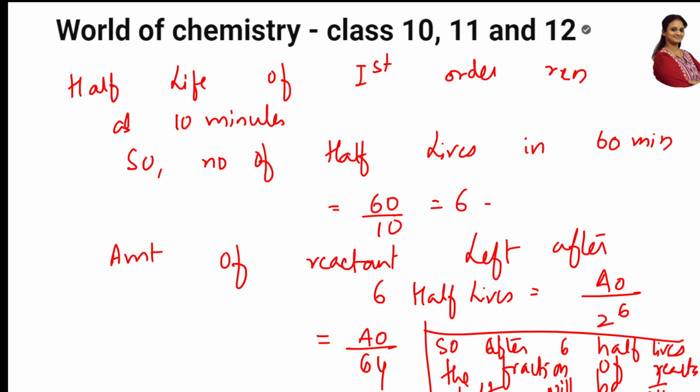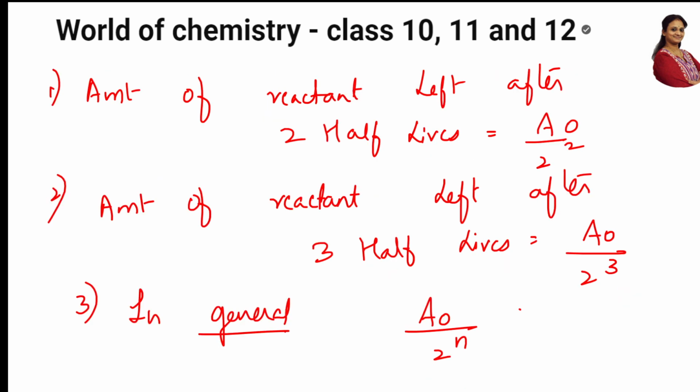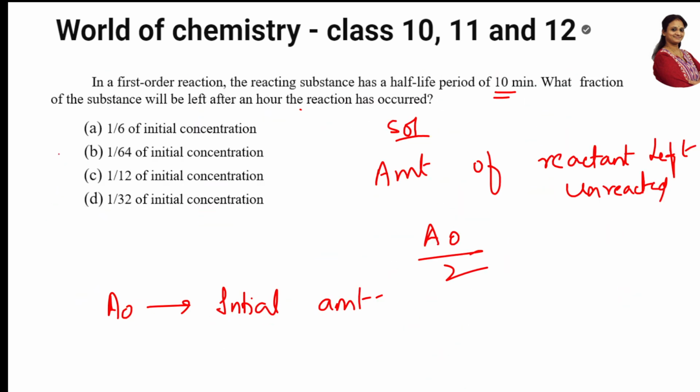So I just started comparing one after the other. So go back to the question. How much is this? 1 by 64 of initial concentration. Students, all right. So like this, maximum questions, everything I have covered.